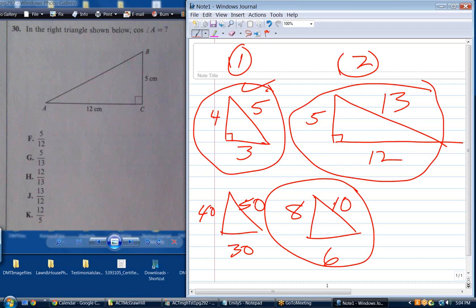Because of that, they just throw problem after problem at you where 2 of the 3 sides fit these conditions. And it really does save you about 30 seconds not having to go back and solve the triangle for the hypotenuse.